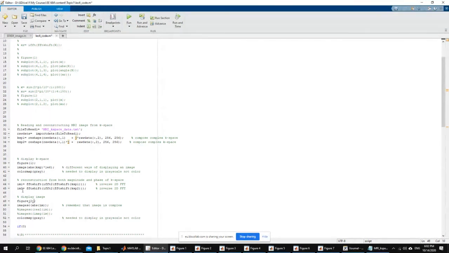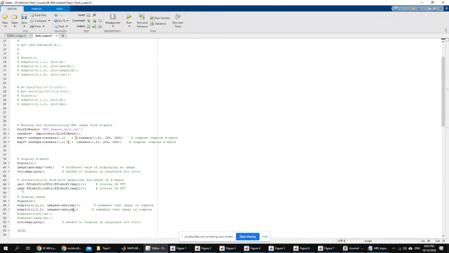Okay. Now for figure 1, I'm going to make two images. Subplot 1, 2, 1 and 1, 2, 2.